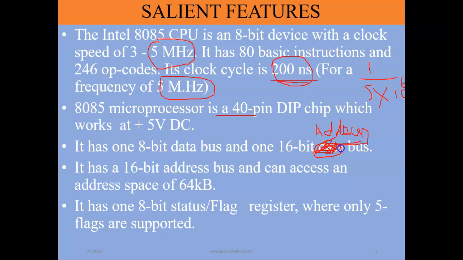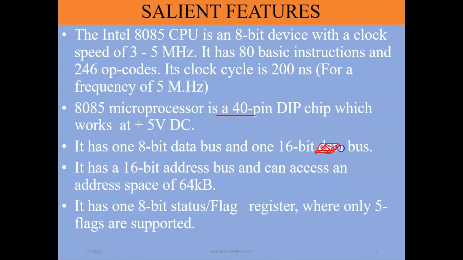Once you have a 16-bit address bus, it can access an address space of 64 kilobytes, that is 2 power 16. That's another important thing. Another thing, it has one 8-bit status or flag register, where there are only 5 flags, that is, only 5 bits of this 8-bit register are used.